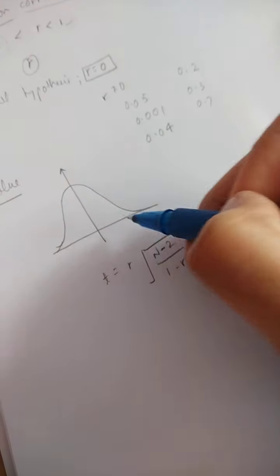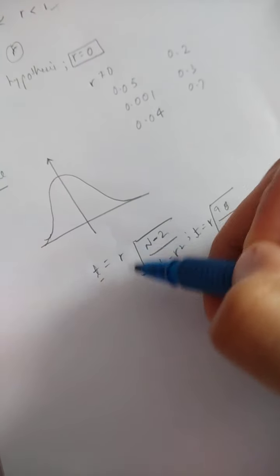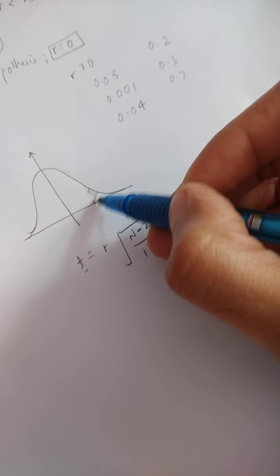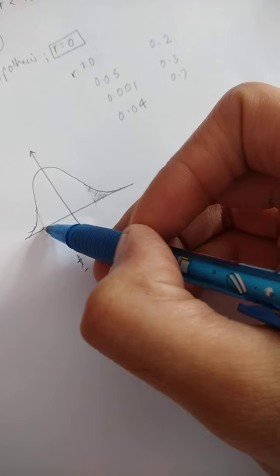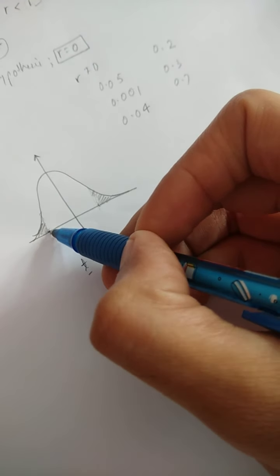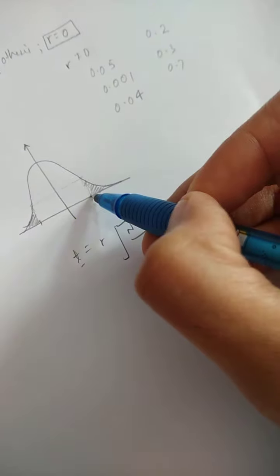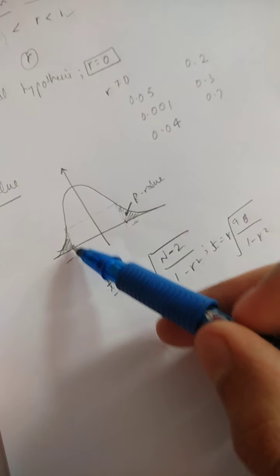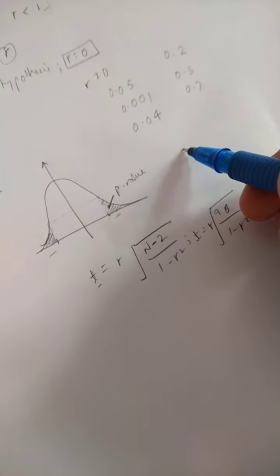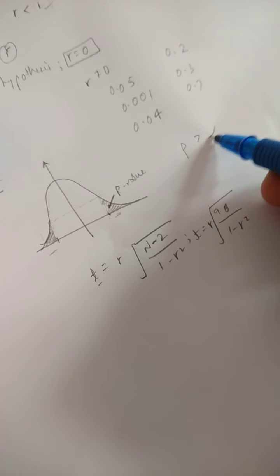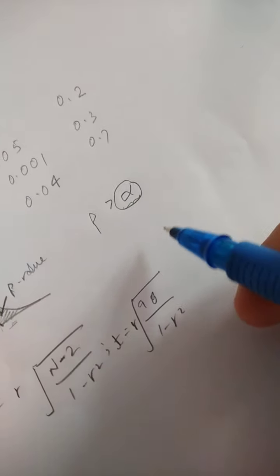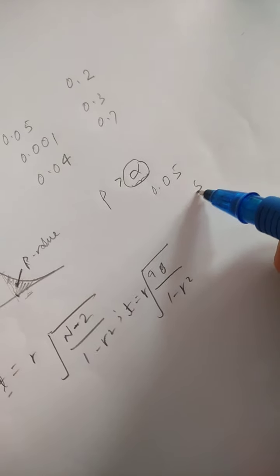So the p-value is that suppose we get some t value for this particular r and n value, suppose we get something here. So the p-value will be the area under both the tails for the same probability, you can say. This is what I got on the internet. This is the p-value. Now for a particular r value, if this p-value, that is the probability or the area, is greater than some significance level, called alpha, and let's say that significance level for us is 0.05, that is 5%.